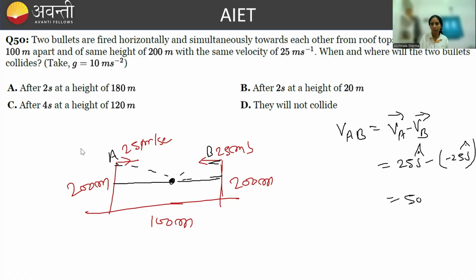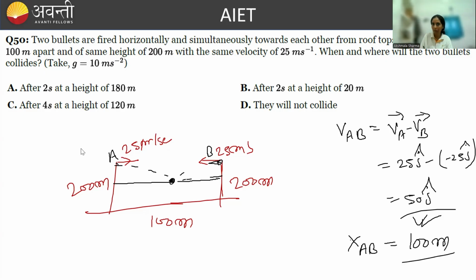So this becomes 50 i cap. It means if B is at rest, then A is moving in the horizontal direction with a speed of 50 i cap. Relatively, the position of A with respect to B is 100 meter apart.